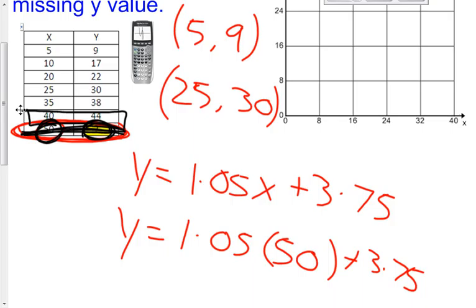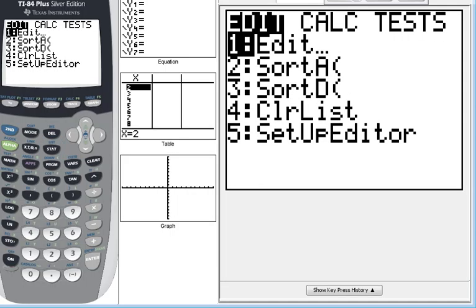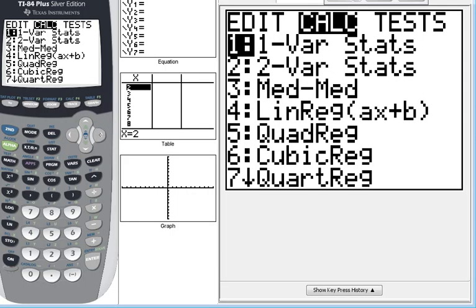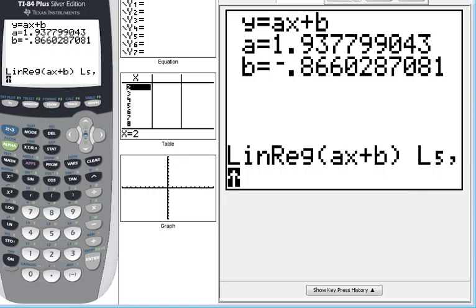And then what you're going to do is you're going to find the a and the b value that the calculator gives you. So you're going to go to stat, over one column to calculate. Go down to number 4, which is a linear regression line, ax plus b. Enter. This time you want list 5 and list 6. So second 5, which is L5, comma, which is right above the 7, second L6.